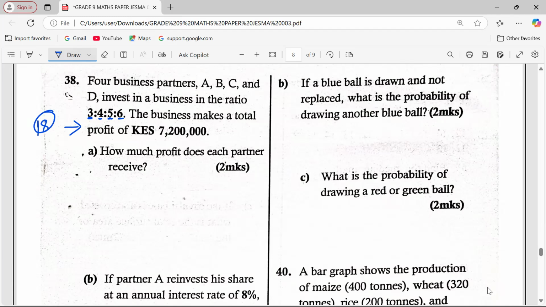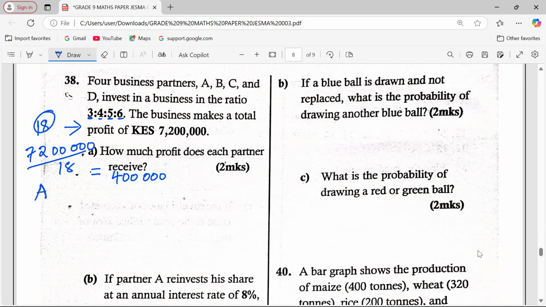What about one proportion? When we divide this by 18, I'm getting 400,000. So each proportion is 400,000.